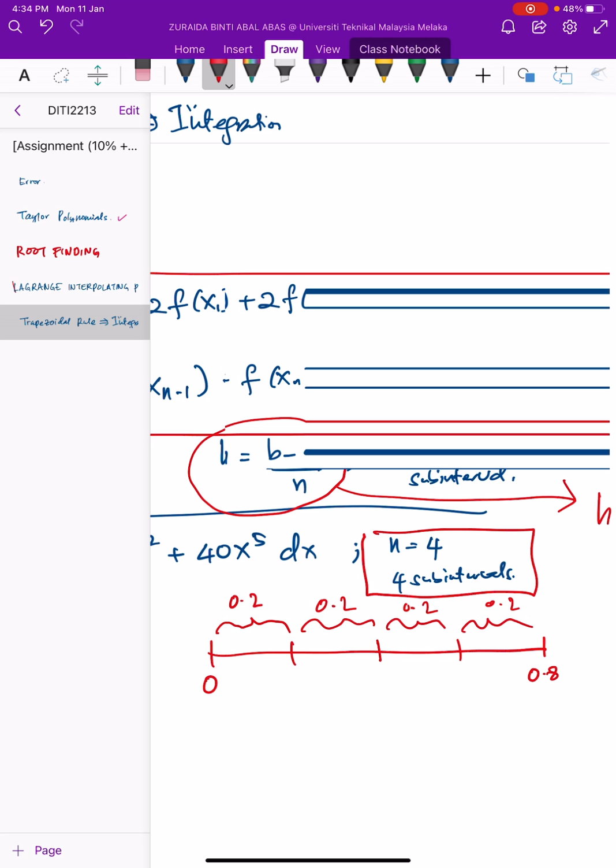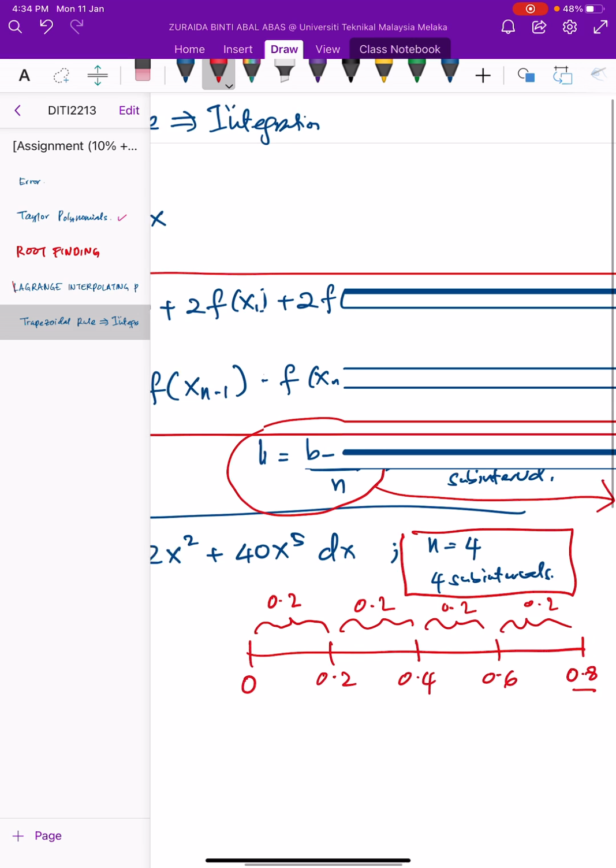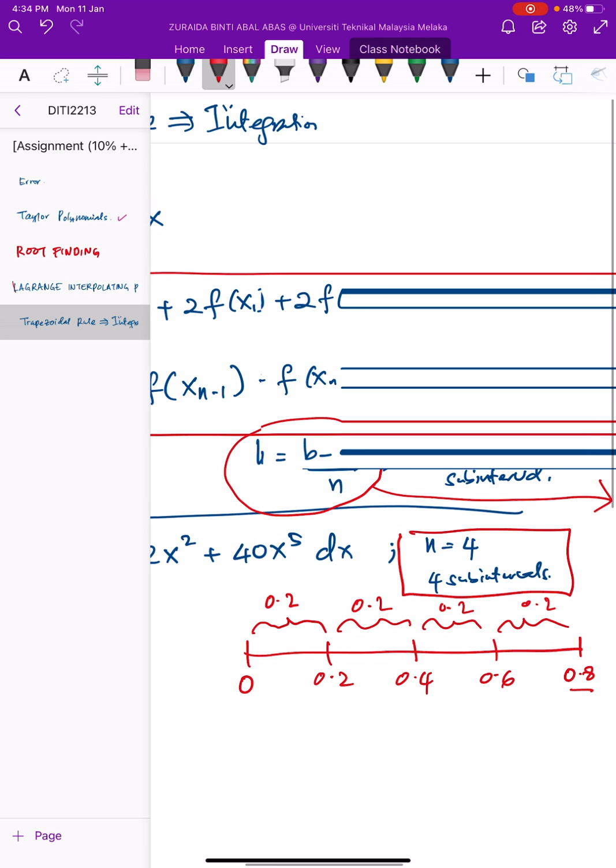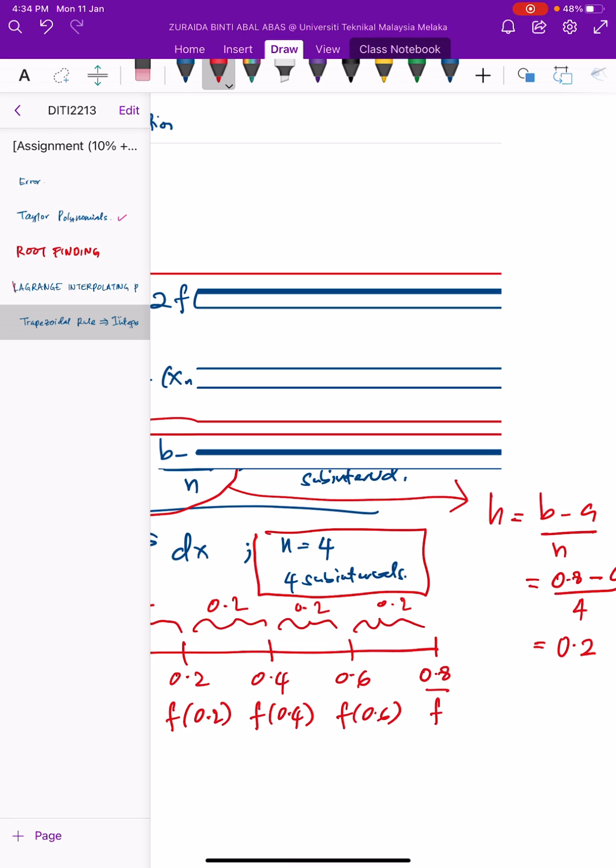It means that the point after 0 is 0.2, and the point after 0.2 is 0.4, 0.6. At the end, you have 0.8. So you're going to evaluate the function at f(0), f(0.2), f(0.4), f(0.6), and at last f(0.8).